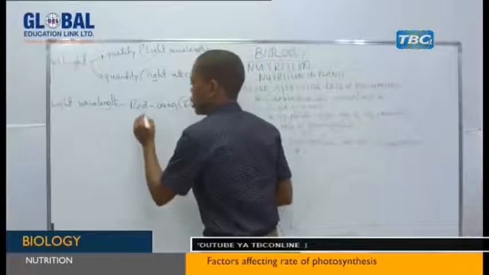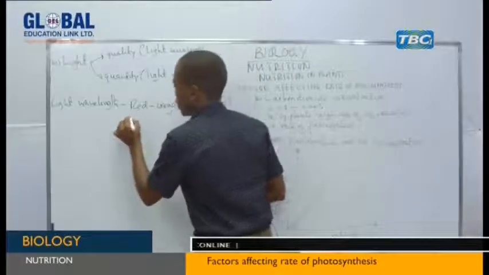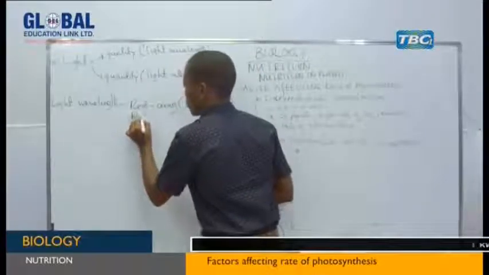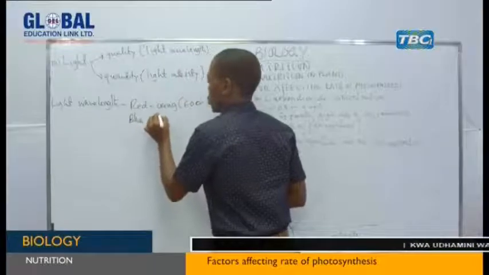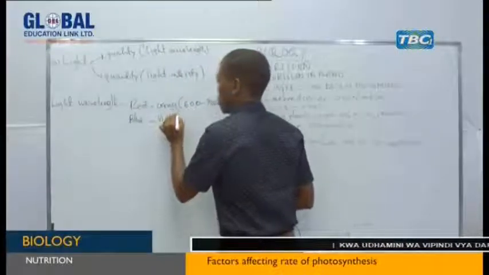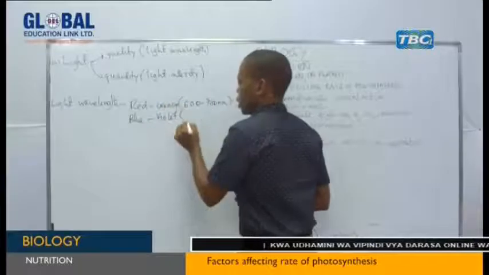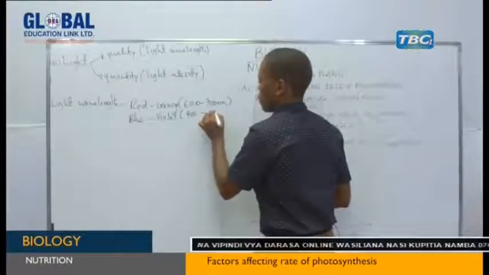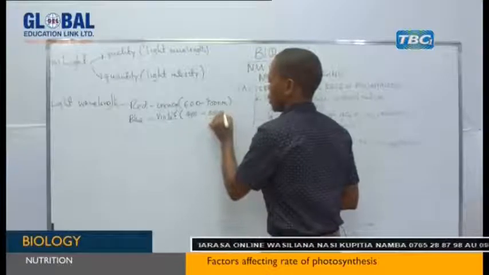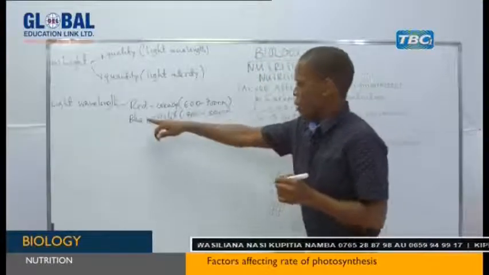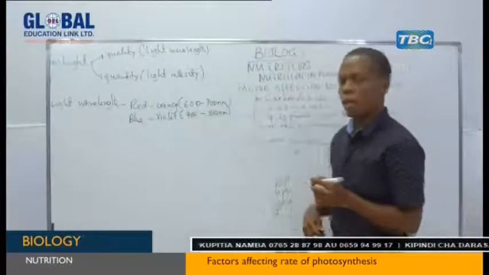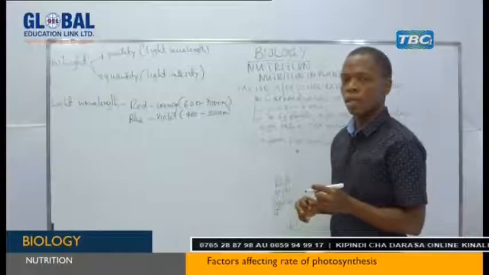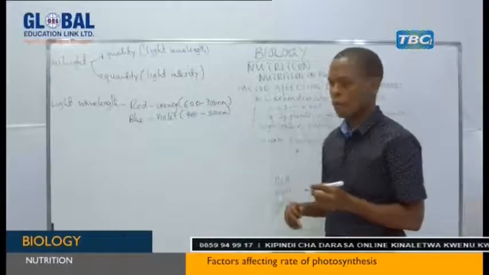But also in this wavelength, blue, which is approximately 400 to 500 nanometer. Therefore, these are the most effective wavelengths at which the rate of photosynthesis is expected to be high.